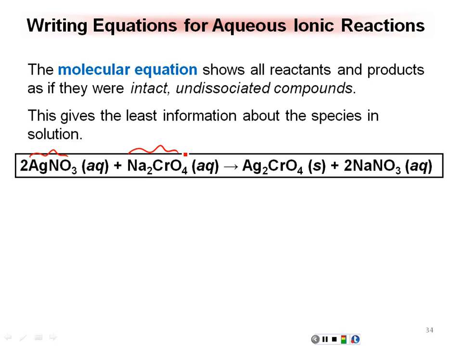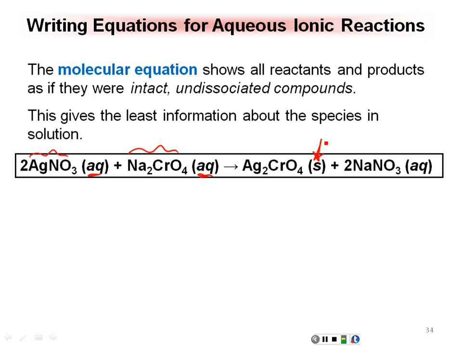They're dissociated in water. And I should mention here, this AQ stands for aqueous. This means that the silver nitrate and the sodium chromate are in aqueous solution, meaning they're dissolved in water. Here we see an S. That means solid.